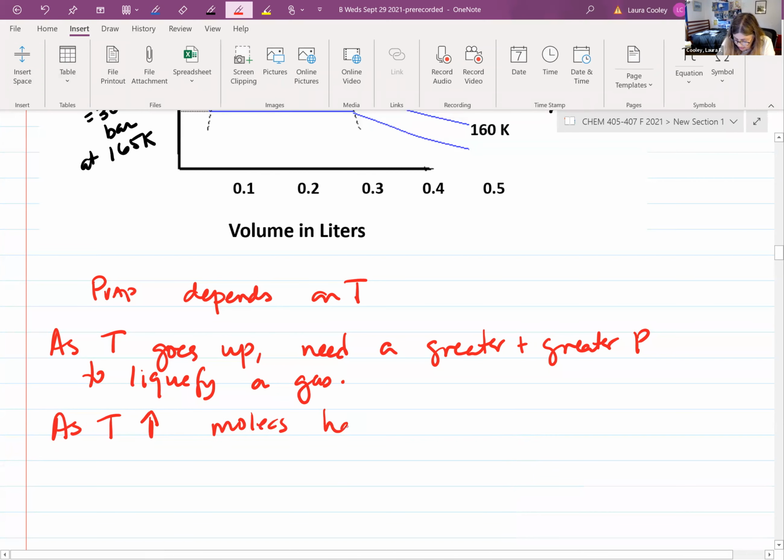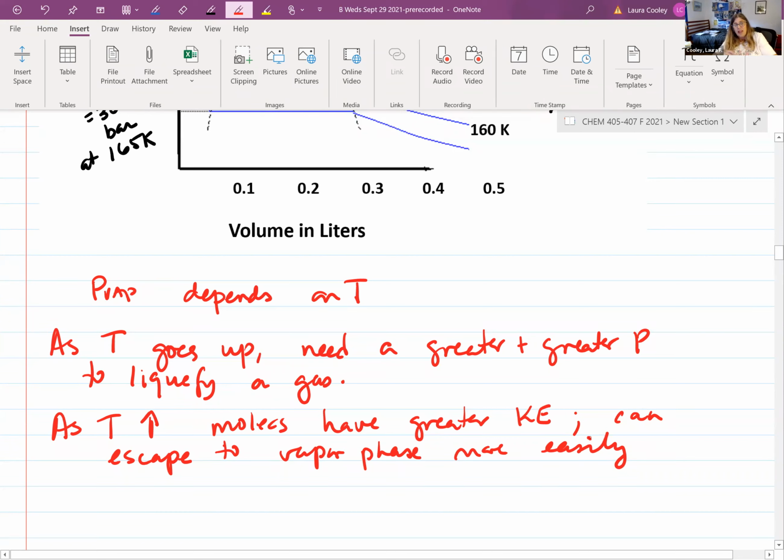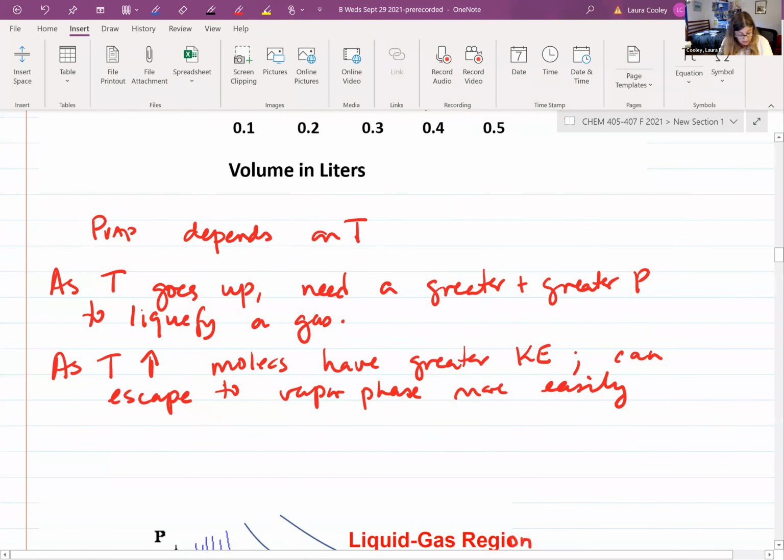So you'd have to keep applying a greater and greater pressure above that to get those molecules to go back into the liquid. That's what's going on here. There's a higher vapor pressure at a higher temperature. You could think of that as the pressure that you need to liquefy. So if molecules have greater kinetic energy, it becomes harder to put them into the liquid, so you need that greater vapor pressure.